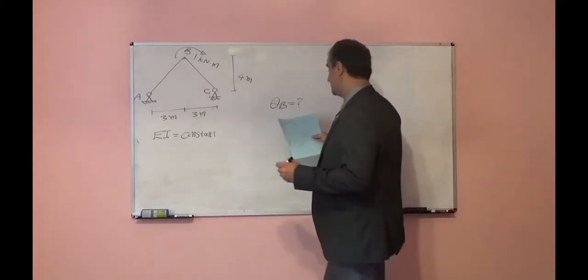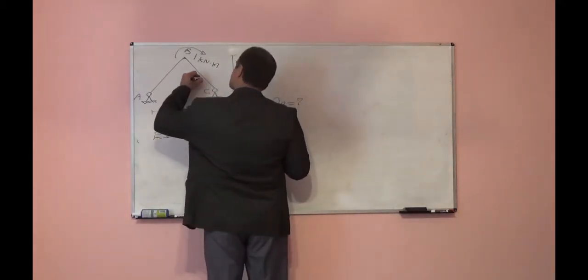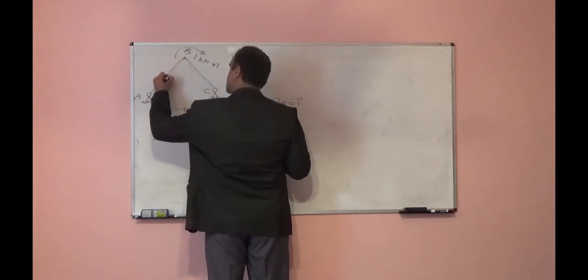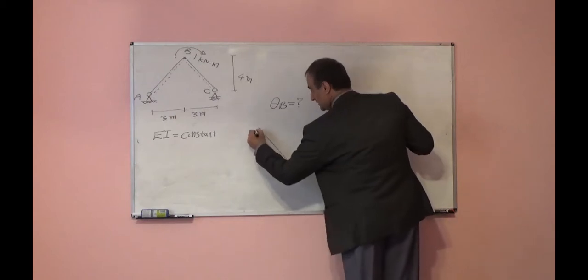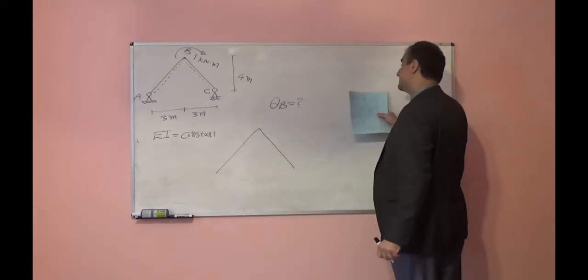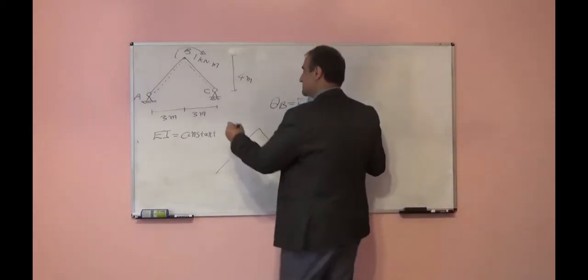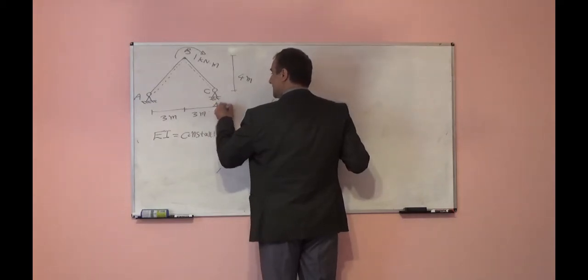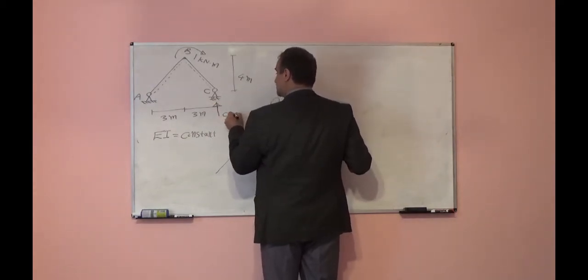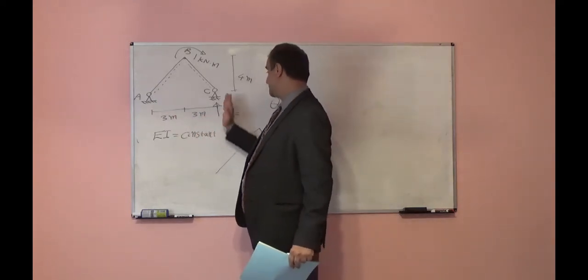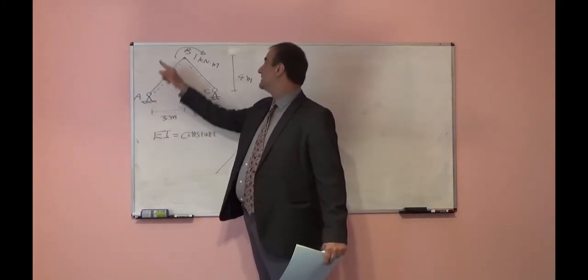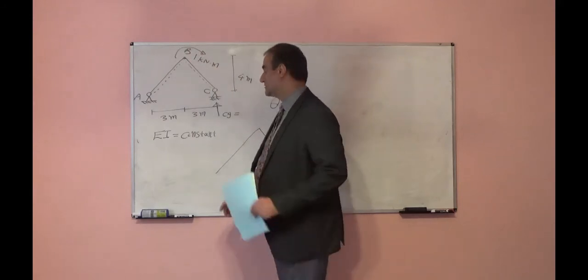First step, if I assume a dashed line inside of this frame, the moment diagram under real load: if I find this reaction, finding this reaction Cy is very easy. How can I find it? If I take moment with respect to A, Cy times 6 minus 1 is equal to 0.